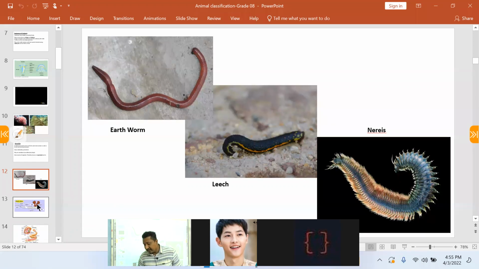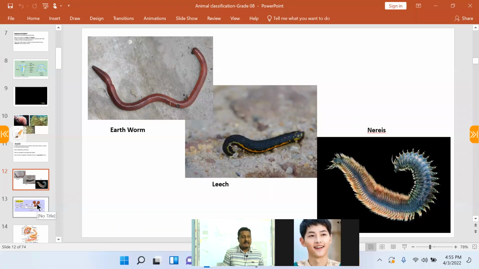We all have seen earthworms when you engage in agricultural activities. When you dig a hole, you can find earthworms. They live in damp soil, wet soil.